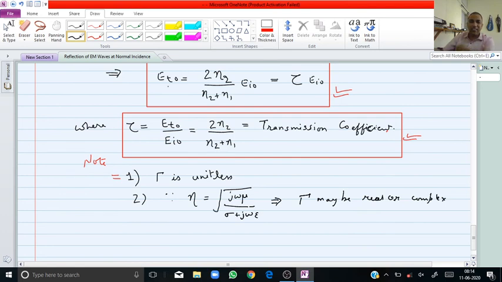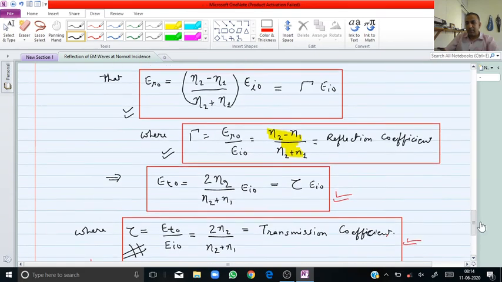Similarly, in the case of tau, that is the transmission coefficient, tau is also unitless and it is also a complex quantity.